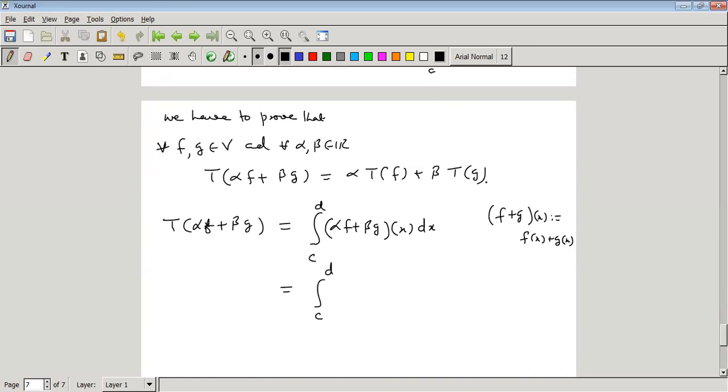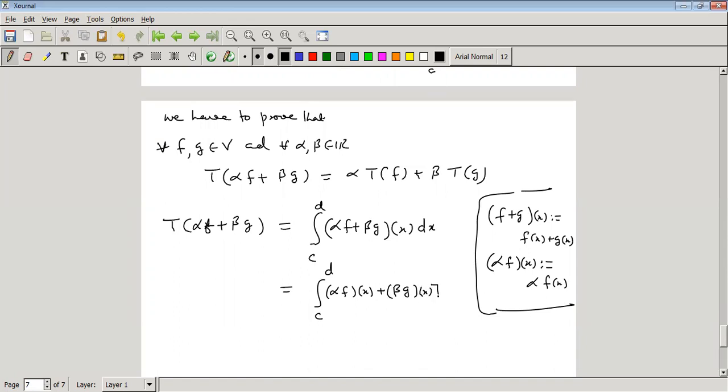And how is the scalar multiplication defined? Alpha times f at x is alpha times f of x. So here we can write alpha times f at x plus beta times g at x dx.